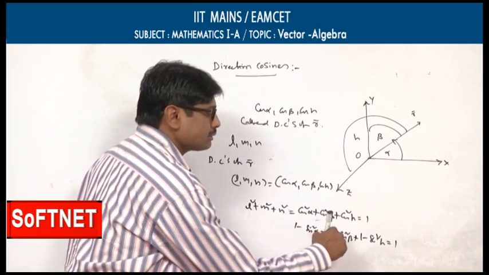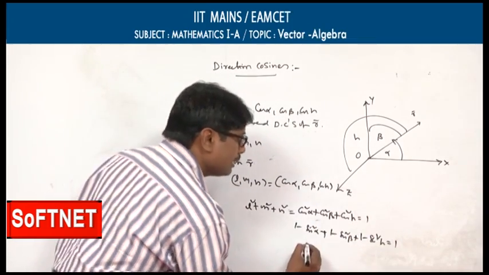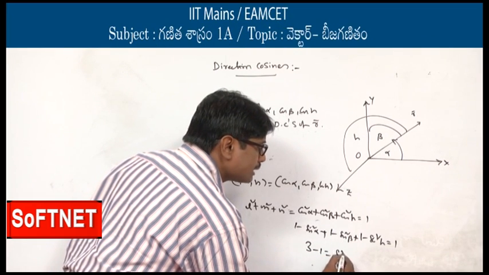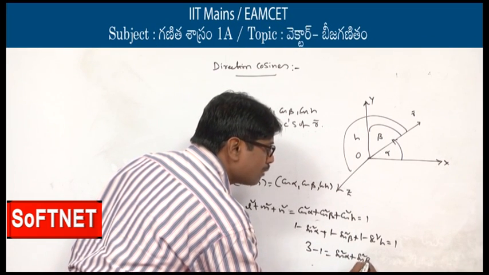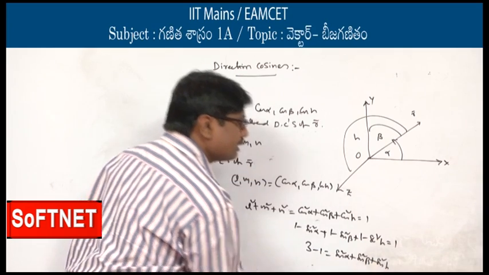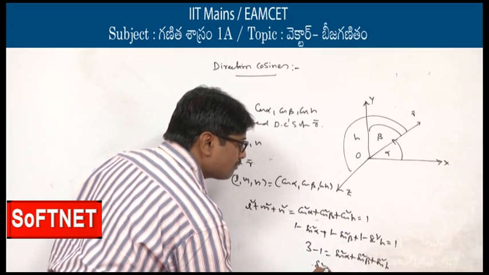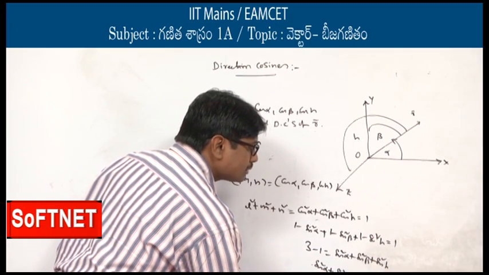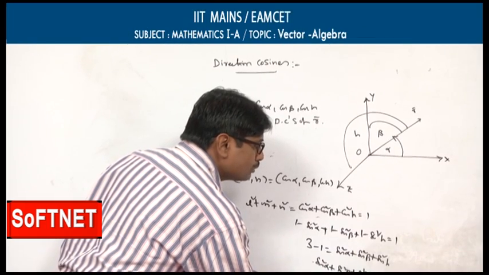Taking the sines to the right side, it will be 3 minus 1 = sin square alpha + sin square beta + sin square gamma. So sin square alpha + sin square beta + sin square gamma = 2.